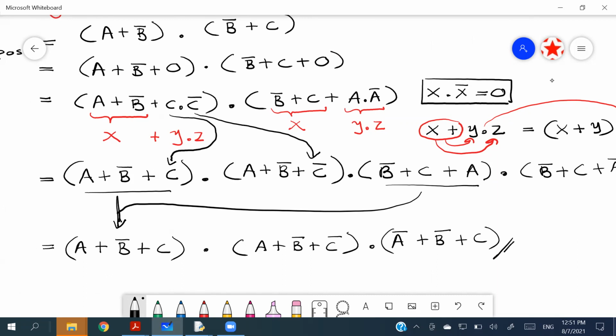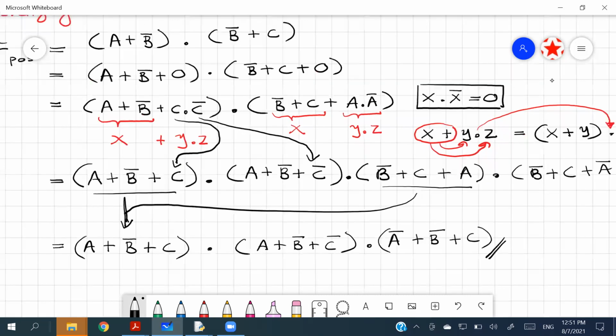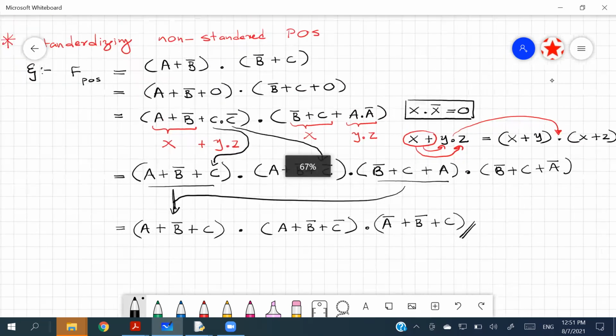So this is going to be my standardized POS, right? Okay, copy it down here.